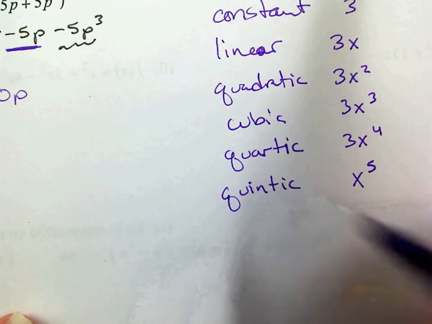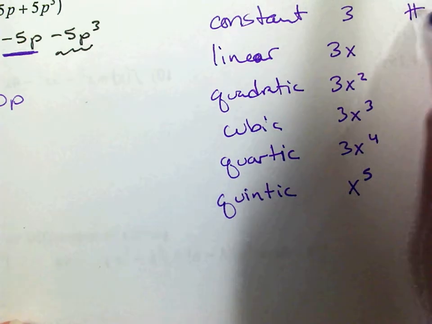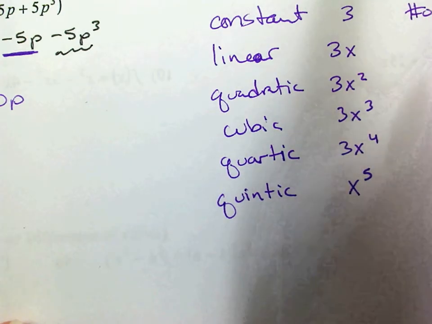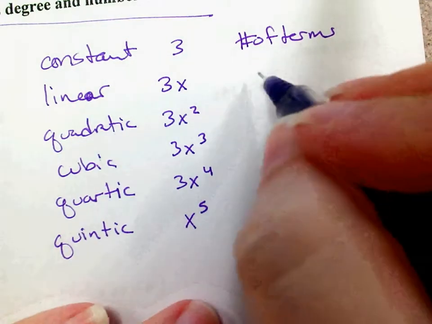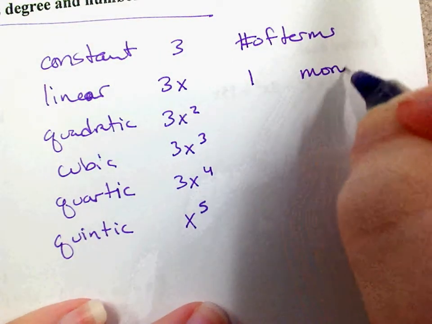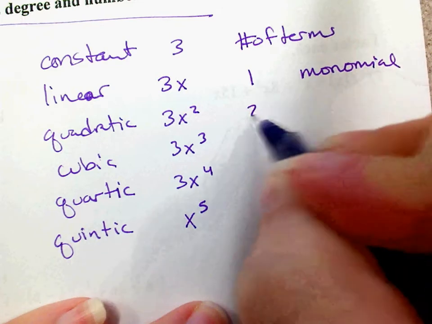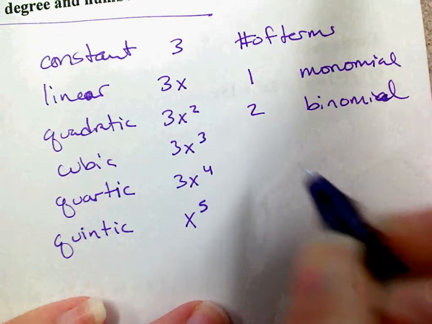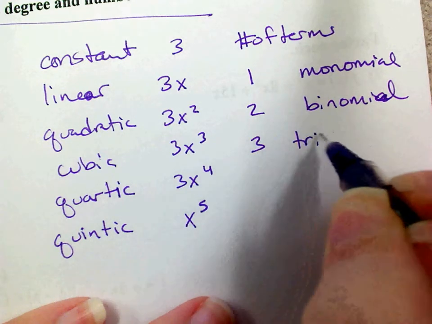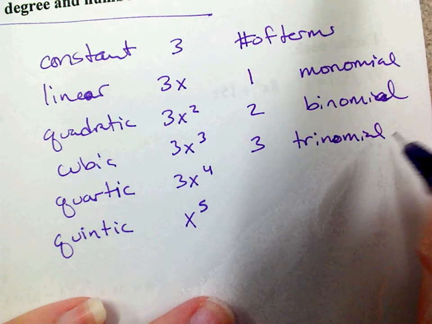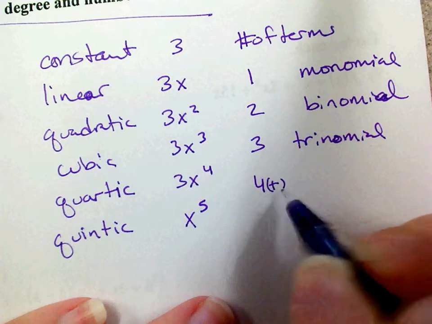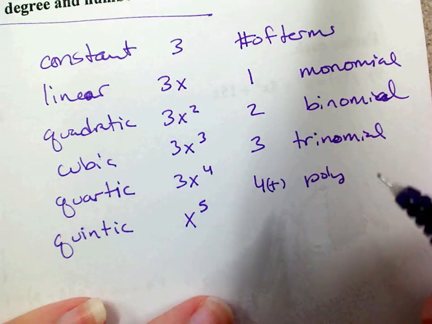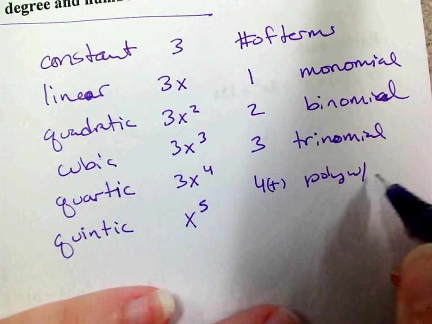Hey, what about number of terms? So if you have one term, right, one term is a monomial. 2 terms, good, binomial. 3 terms, trinomial. 4 or more, good. Polynomial with blank terms.